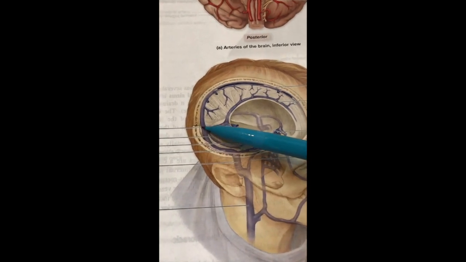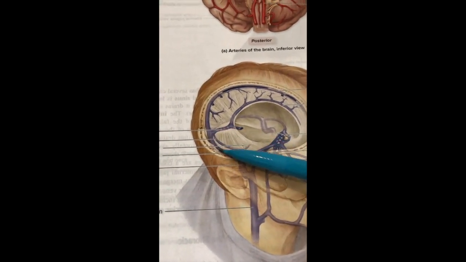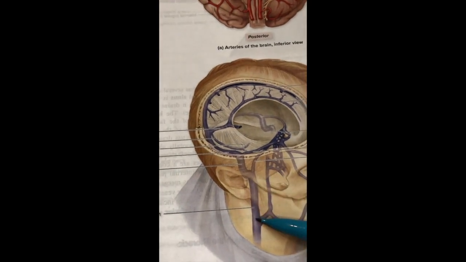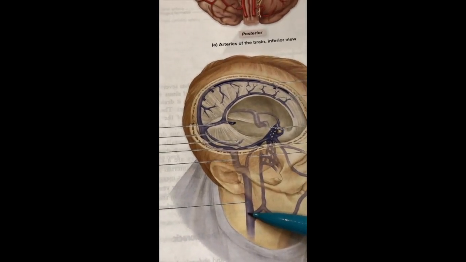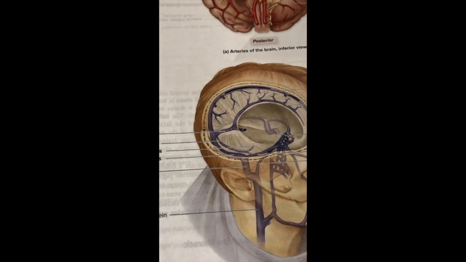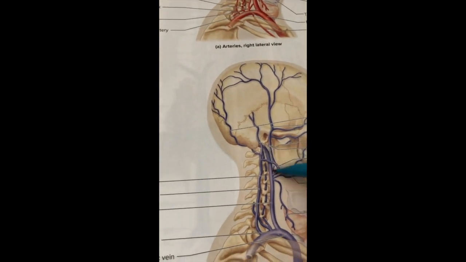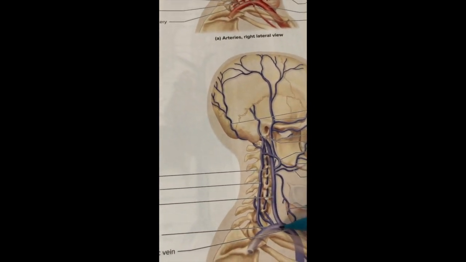So I would say confluence of sinuses, right transverse sinus into the sigmoid sinus, which then we know dumps into the internal jugular vein. So at that point we would say right internal jugular vein.